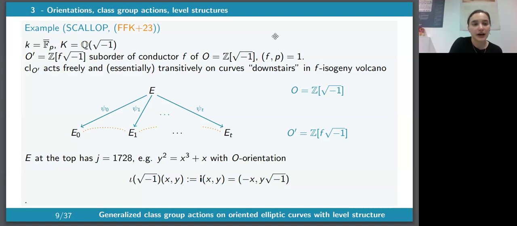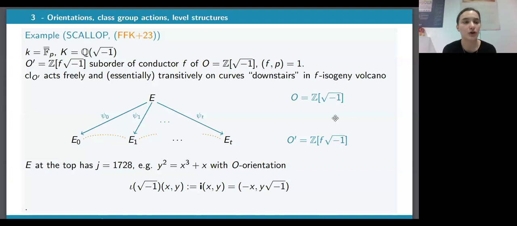Then we have a free and essentially transitive action of the class group of O' on the elliptic curves that live at the first level downstairs, let's say, of the f-isogeny volcano.